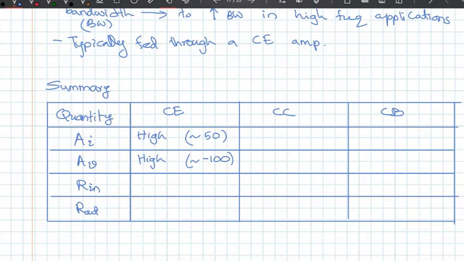Input impedance is medium, like 1K. R out is also medium, in the range of 50K.